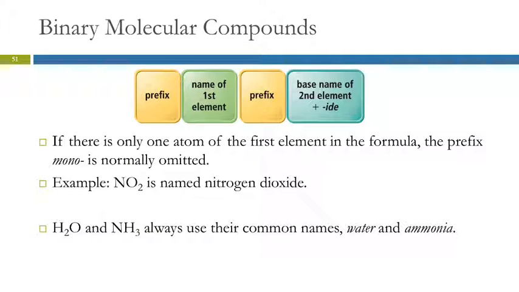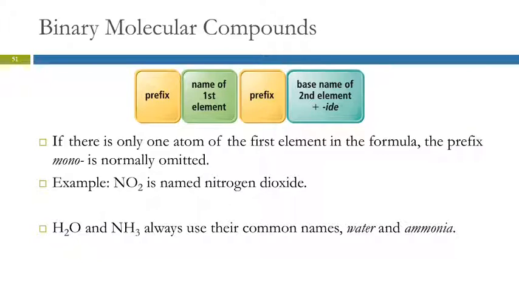So when we name these, we have the name of the first element. We put a prefix on the front to indicate how many. We have the name of the second element, and this resembles the ionic compounds in that we change the ending of the second element's name to "ide." Okay? We put a prefix on that to indicate how many.